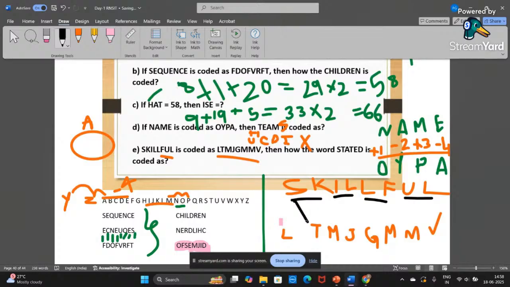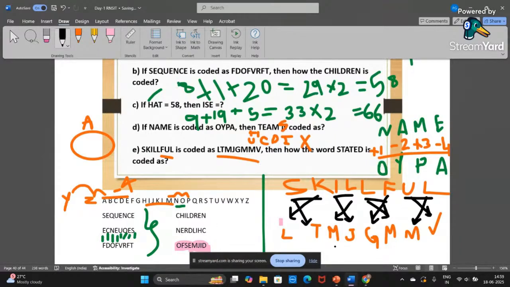After S, it is T, crisscross way. After K, it is L. This is the logic applied. For I, it is J. For L, it is M. After L, it is M. After F, it is G. After U, it is V. After L, it is M. Got it?